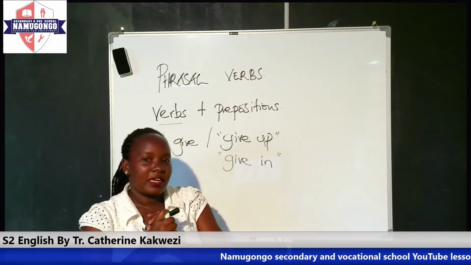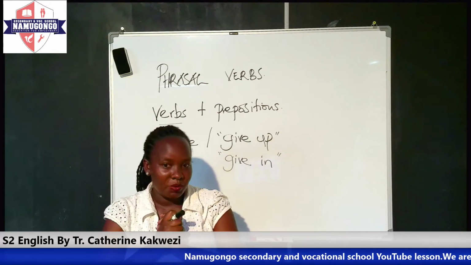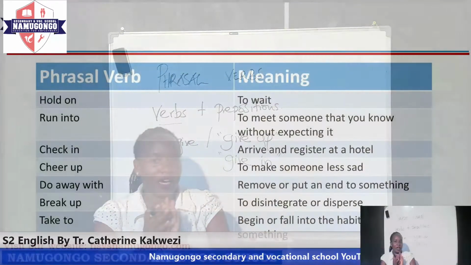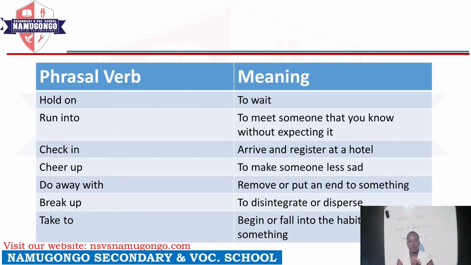Let us look at the examples just before us here. We have a table that is showing us a phrasal verb, and then we have on the other side the meaning of the phrasal verb. Look at that short list that I have made for you.